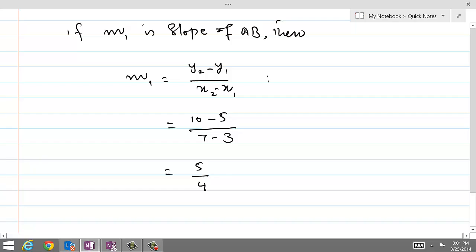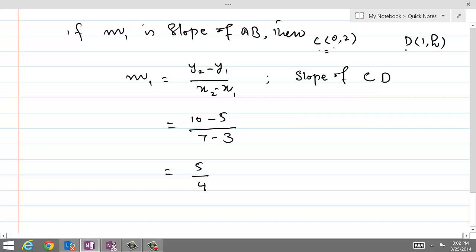Let's find out the slope of the other line that passes through the points C and D. The slope of CD: C and D are 2 points, and the coordinates for C are 0, 2, and for D it's 1, h.